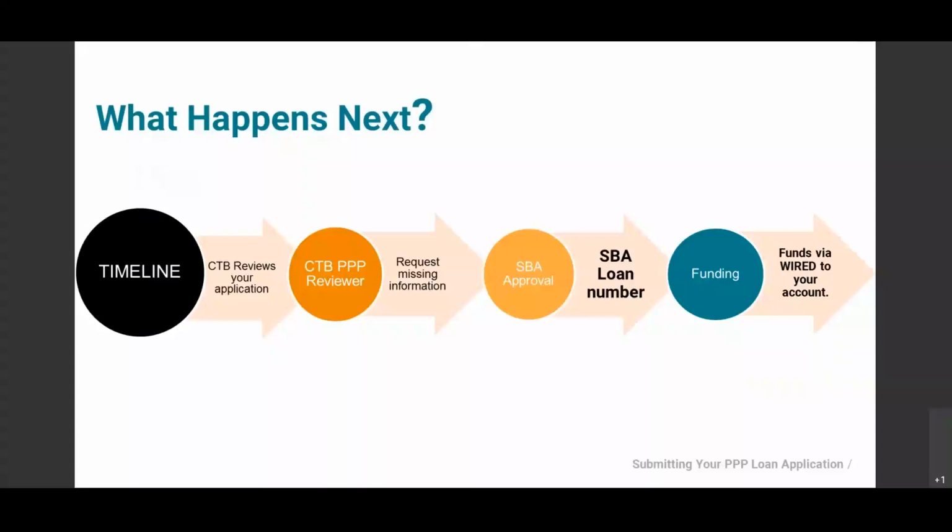From that point, we begin to engage our loan administration team, who will send you a copy of the promissory note. Now, I did mention that this is a loan and this is a commitment that you're promising to repay. We'll talk about forgiveness on the next slide.